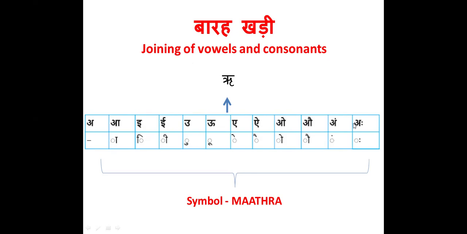See, these are vowels, no? A, I, E, U. One letter is missing here. Ri, Ru, A, I, O, Au, Aha. These are vowels. For joining vowels with consonants, we have to use these symbols.